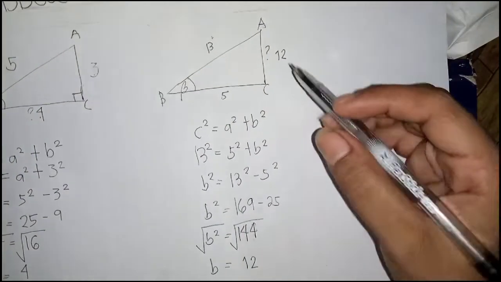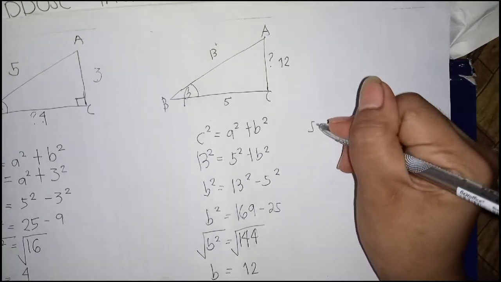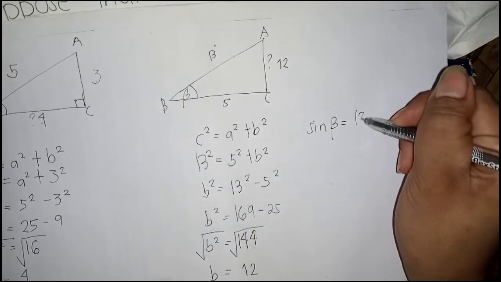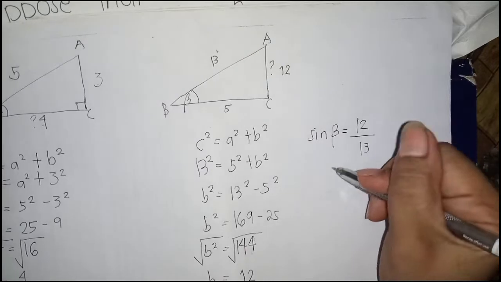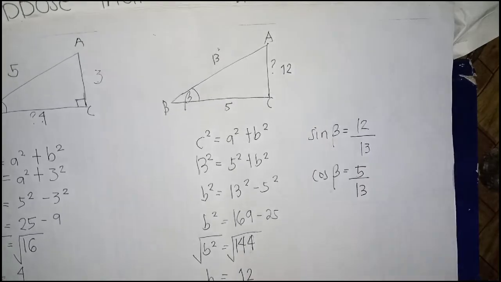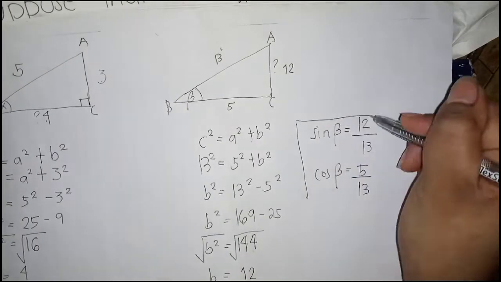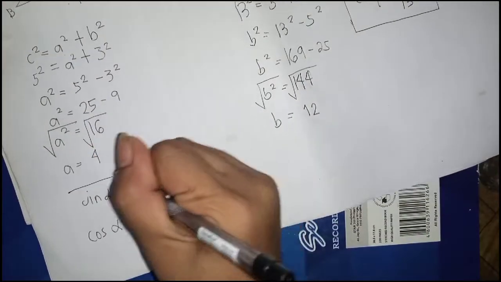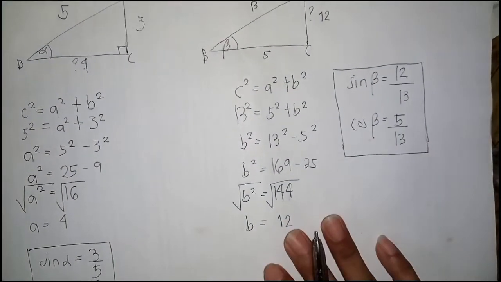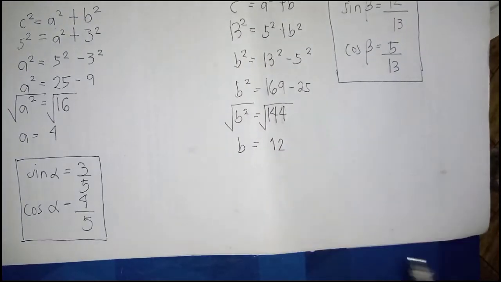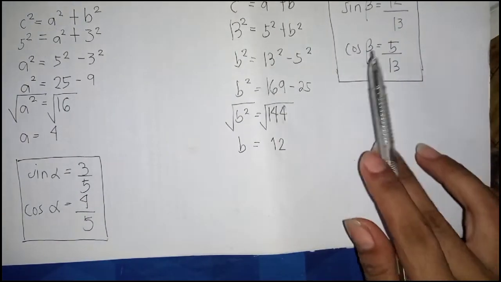And then, the sine beta is equal to 12/13. And then the cosine beta is equal to 5/13. So now, nakita na natin ang mga value ng ating right triangle. So, ang gagawin natin ngayon is substitute natin kung anong mga value ang nandyan.